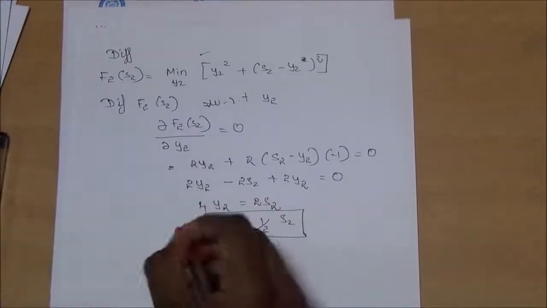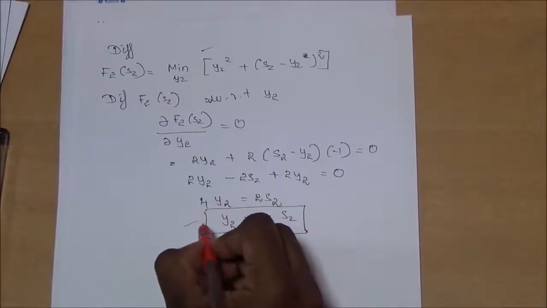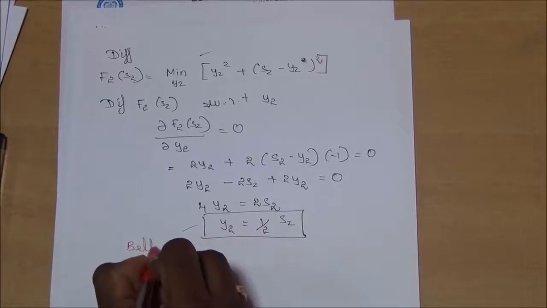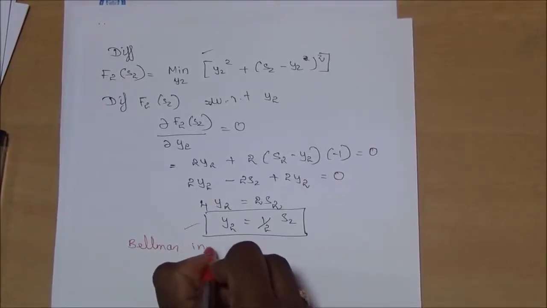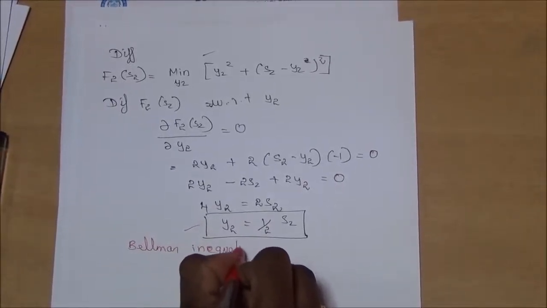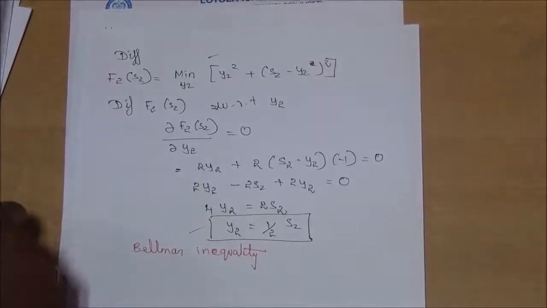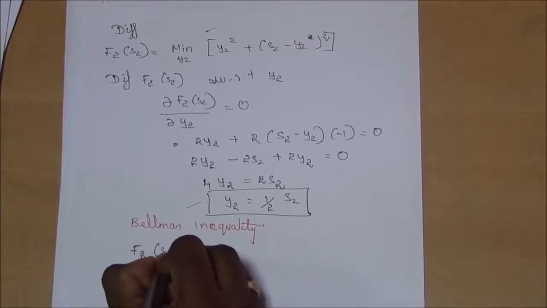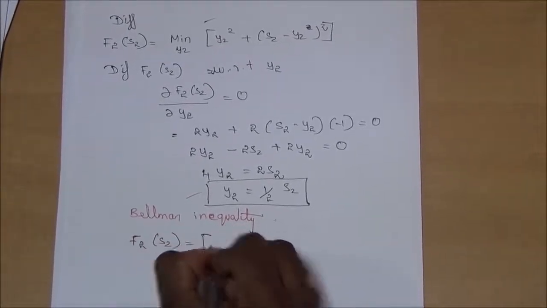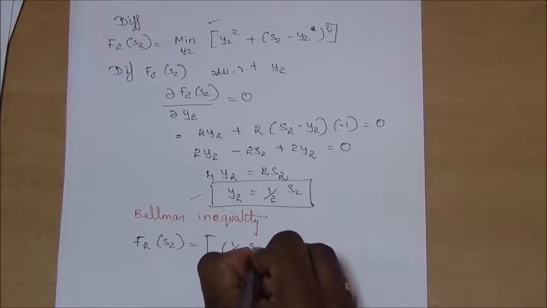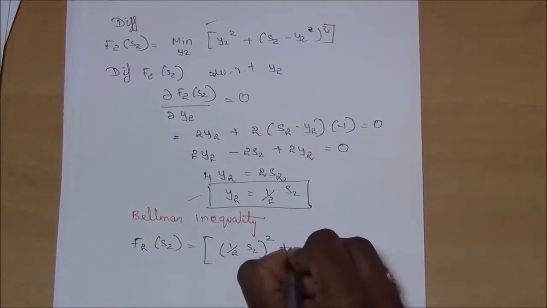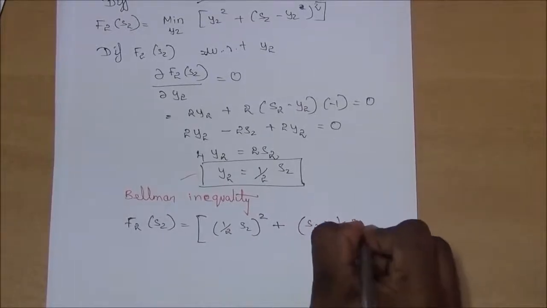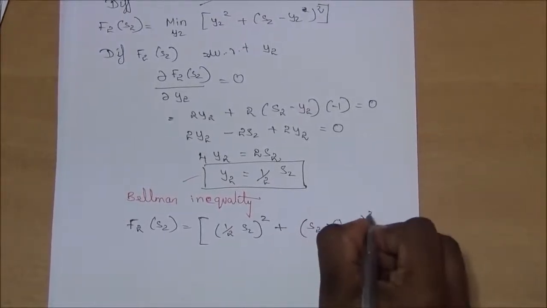Since we have calculated the y2 value, we are going to substitute it in place of y2. This method is called the Bellman method. So the f2 equation is (1 by 2 s2) the whole square plus (s2 minus 1 by 2 s2) the whole square.